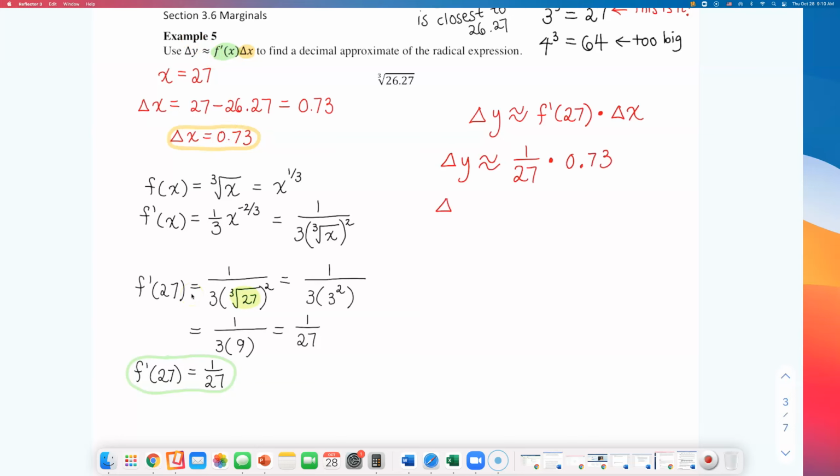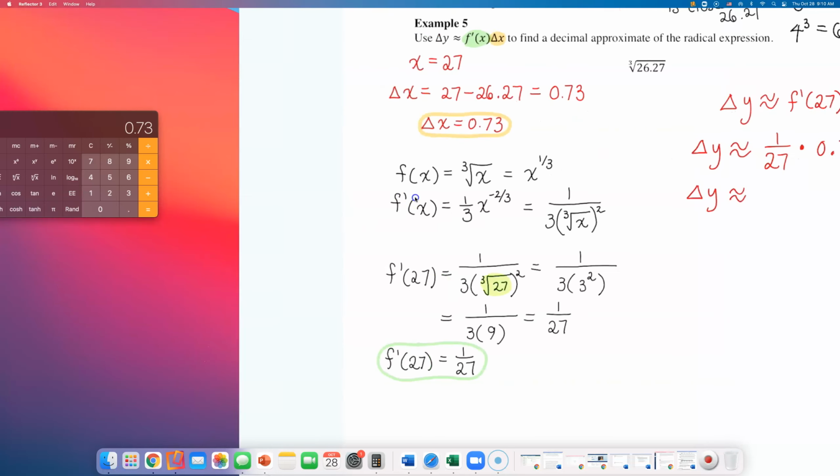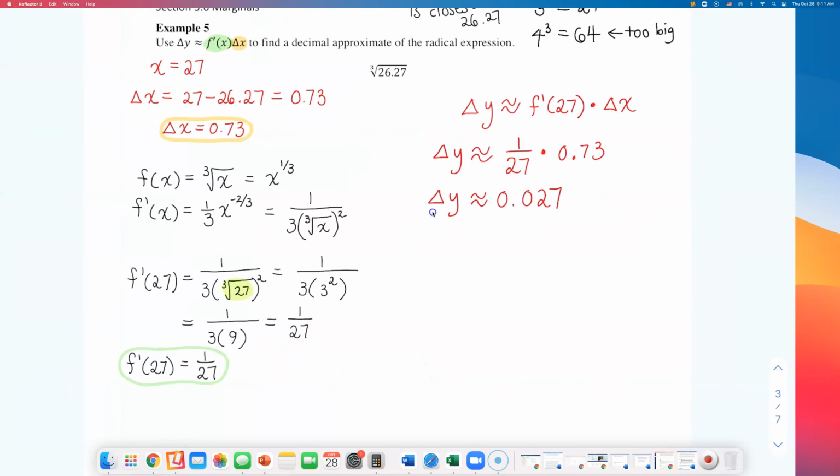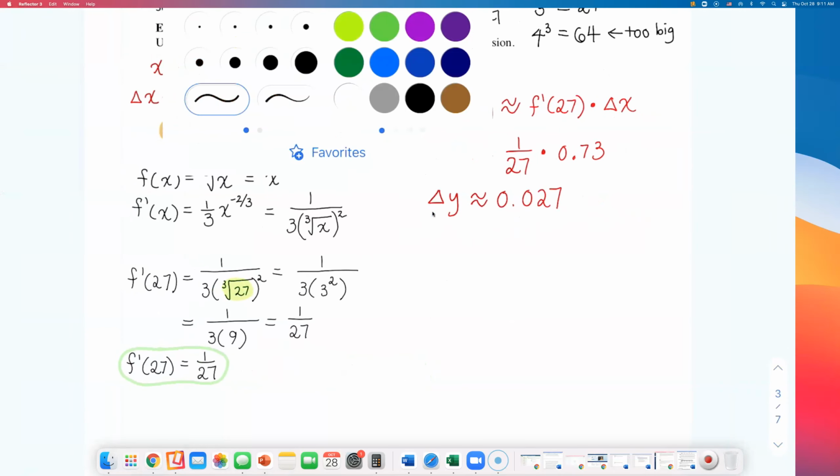So I'll do 1 divided by 27 first, and then multiply this decimal by 0.73, and that comes out to be 0.027.